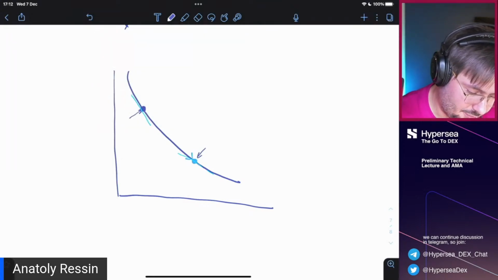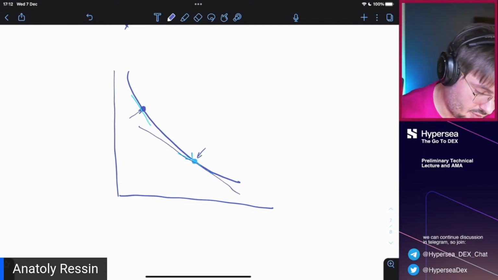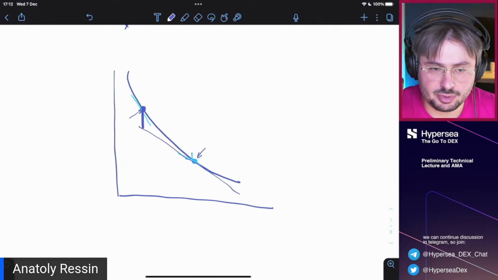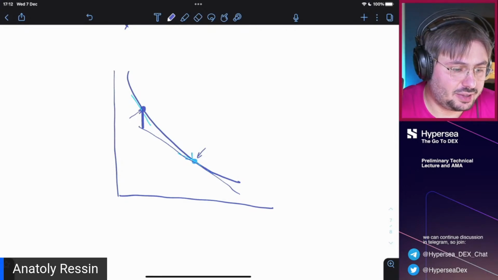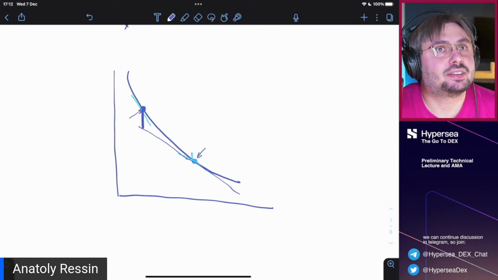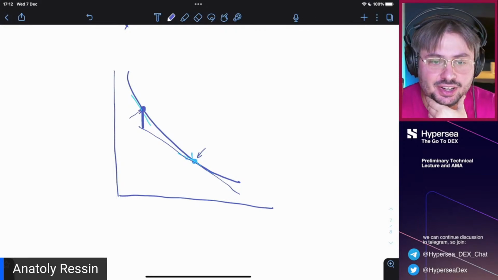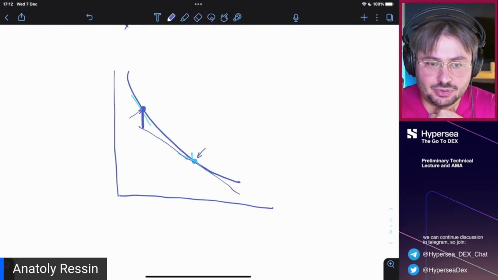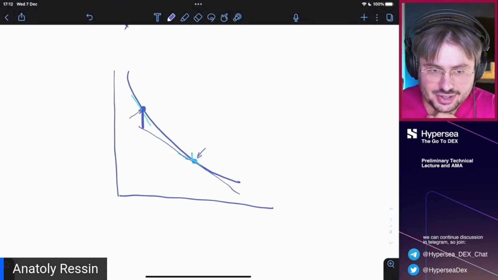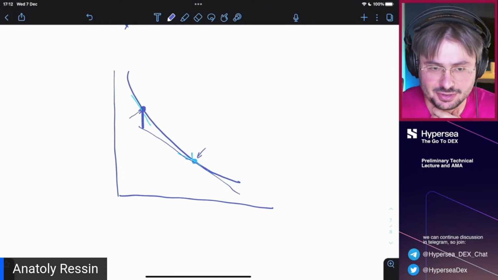When we are here, for example, this thing is called the arbitrage momentum. This is how much the arbitrageur can extract from the exchange if it returns it into the equilibrium position.